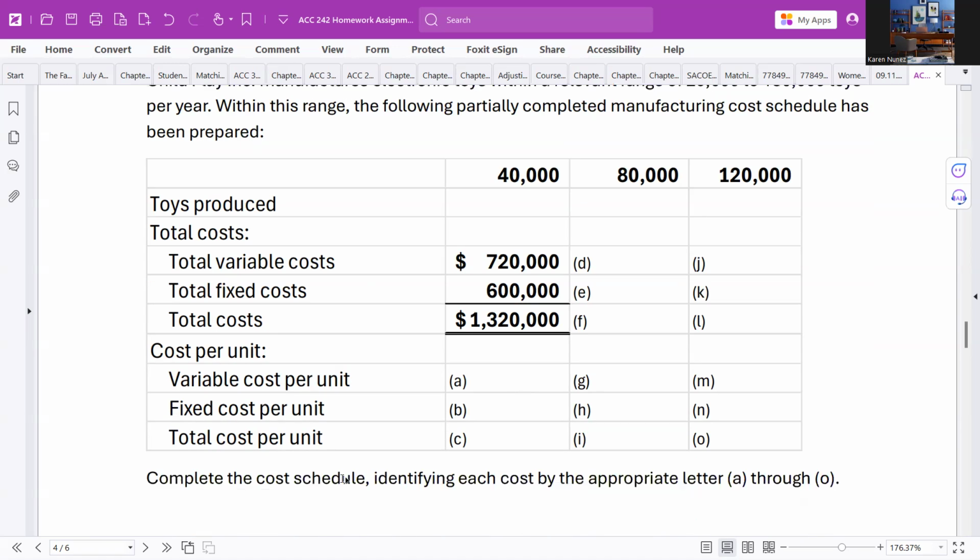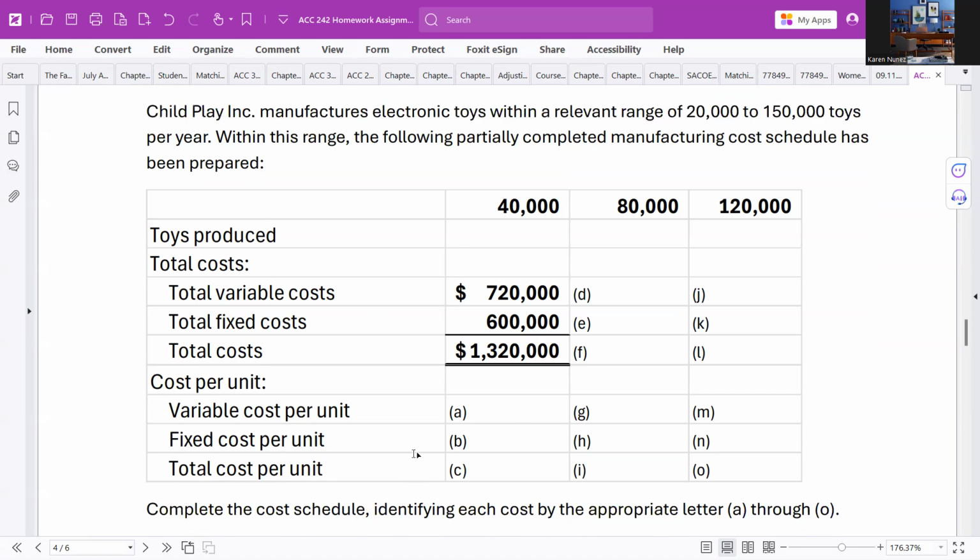So we need to complete the schedule and identify each cost by the appropriate letter. What we are given is the total costs that are variable, $720,000, and the total costs that are fixed when we produce 40,000 units of product.